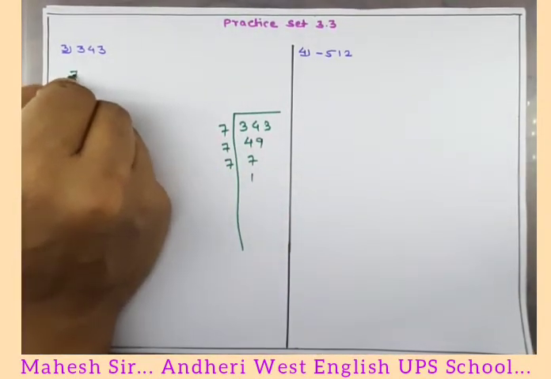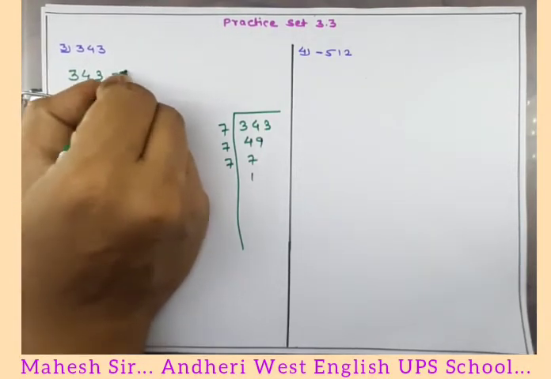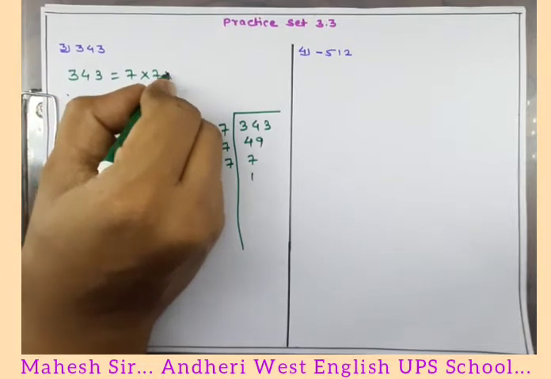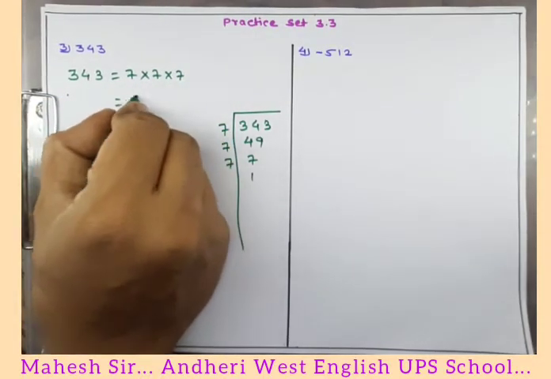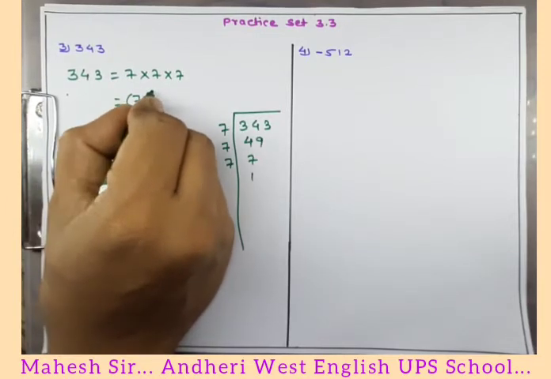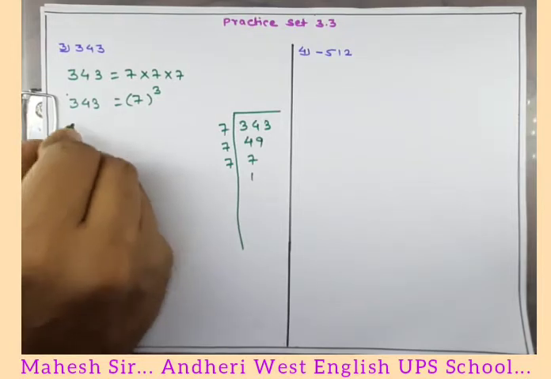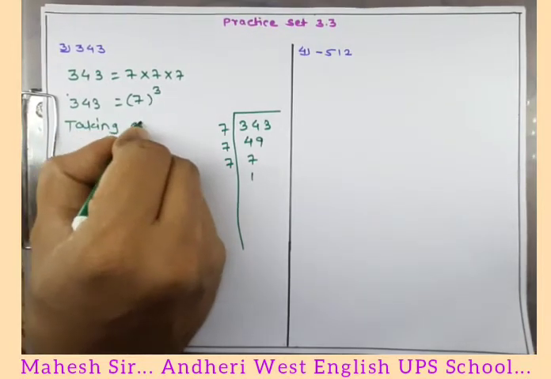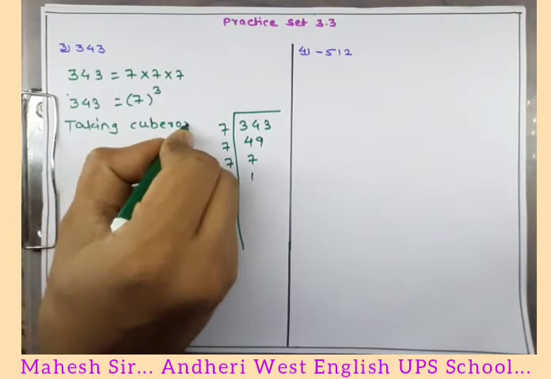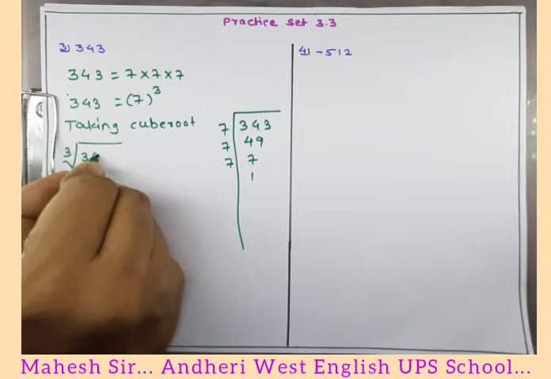So I will write here 343 is equal to 7 into 7 into 7. 7 into 7 into 7 means 7 three times, means 7 cube. So 343 is equal to 7 cube. Next step is taking the cube root of both sides.